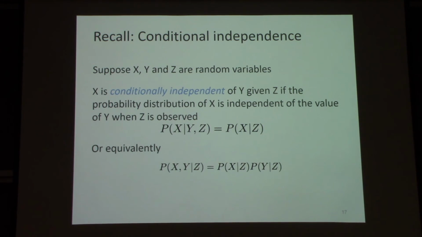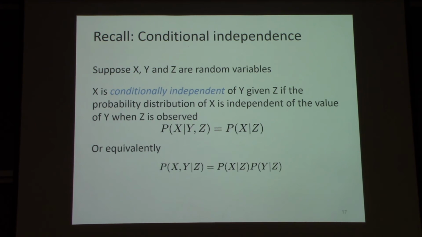The probability of x given y, z is the same as the probability of x given z. In other words, x does not care about the value of y if you knew the value of z. So the way you say this is x is independent of y given z.